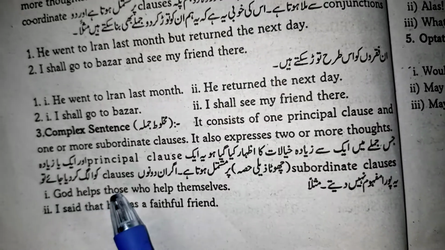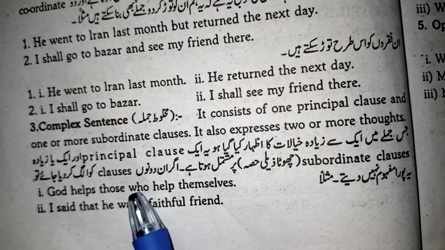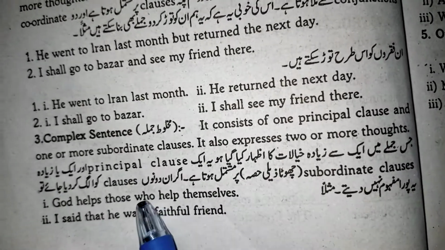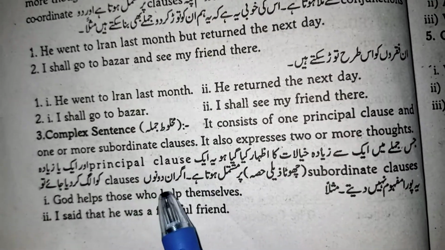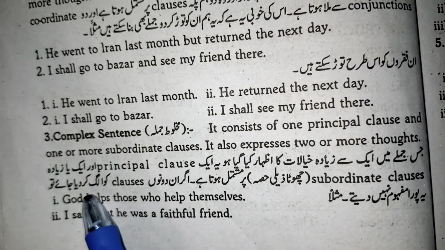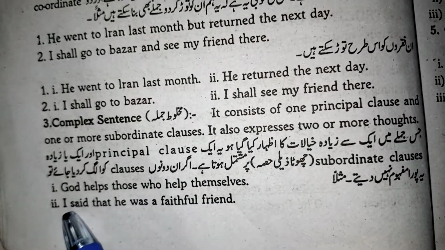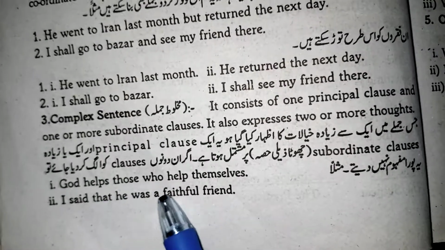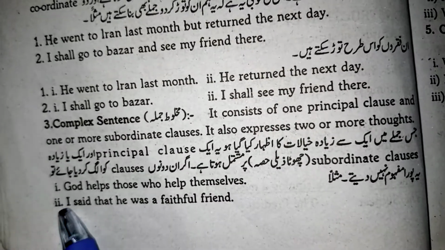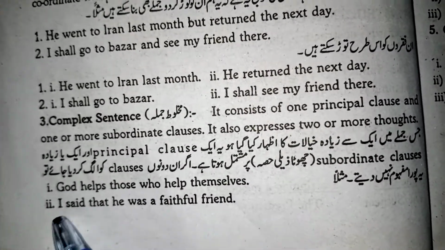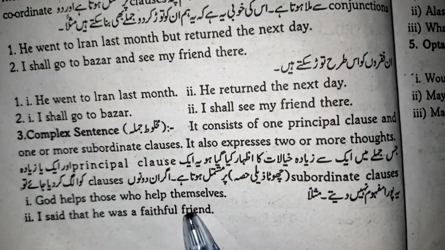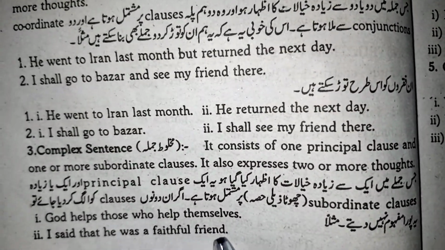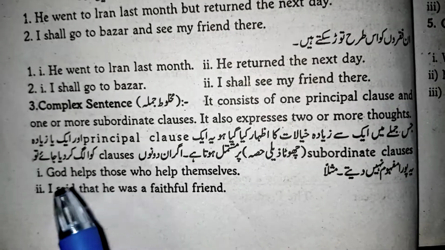God helps those is the main clause, whereas who help themselves, this clause is dependent for its meaning on the main clause. The next example is I said that he was a faithful friend. I said is the main clause, and that he was a faithful friend is the dependent clause.